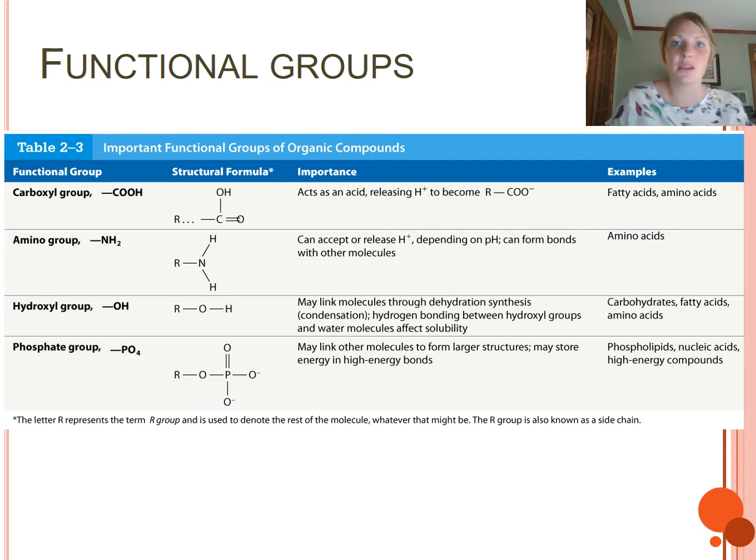They're also really important in the reactivity of fatty acids. We have amino groups, which are really important in amino acids, which is where they get their name. Carbohydrates, fatty acids, and amino acids also all have hydroxyl groups. Phosphate groups are important in nucleic acids and things like that. So this is an example of the four major functional groups, how important they are, and where they can be found as some examples.